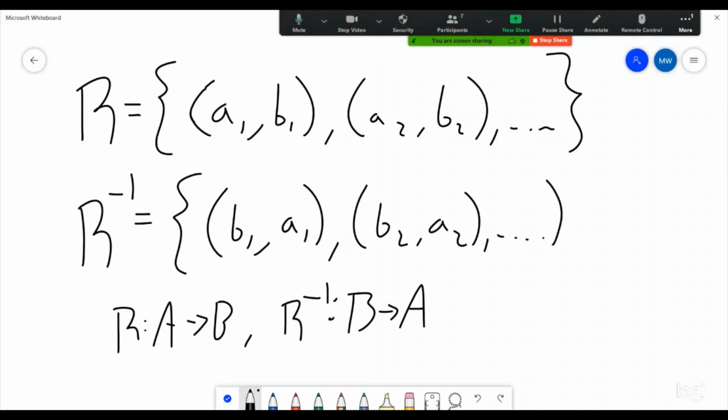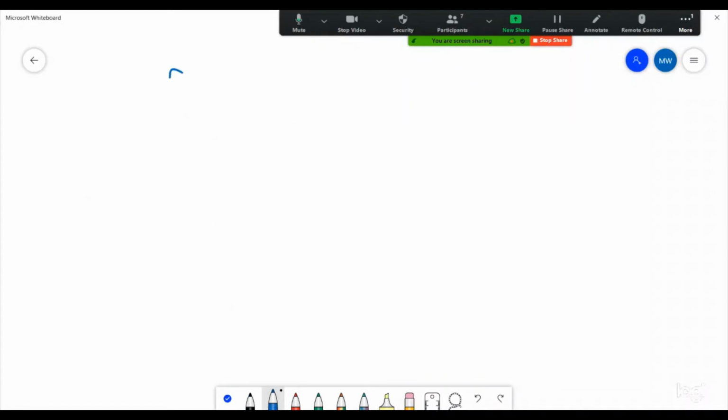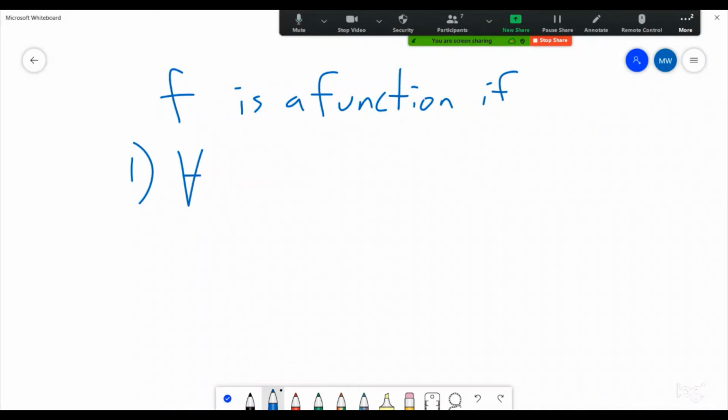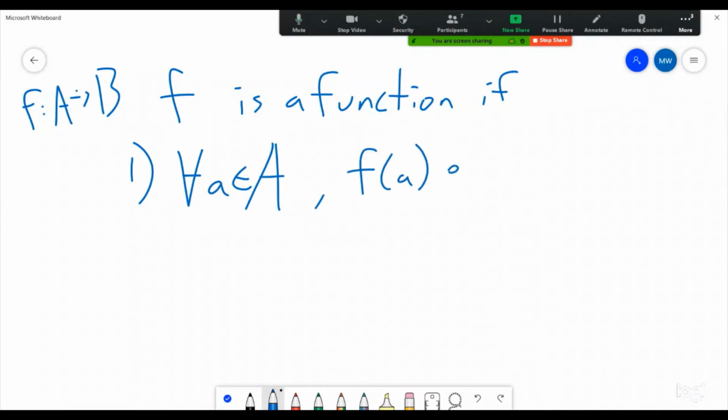To show it's a function, it has to satisfy the two requirements for something to be a function. Those requirements are that f is a function from A to B if, 1, for every element in your domain A, f of A exists.